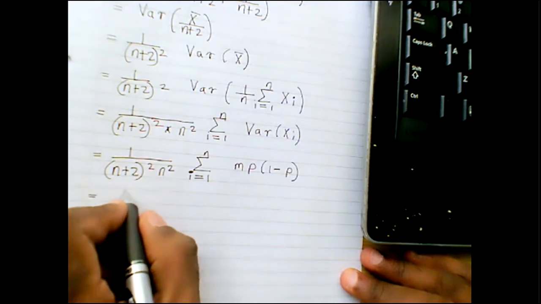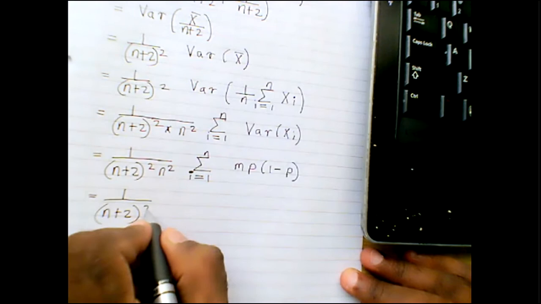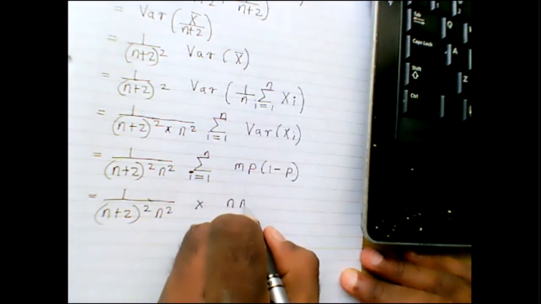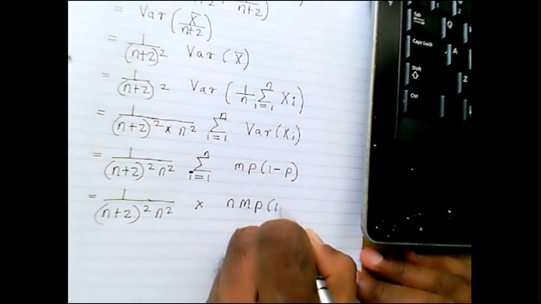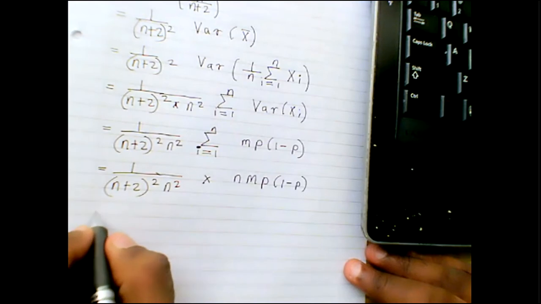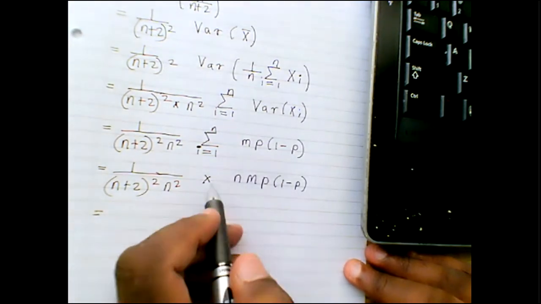So this becomes... remember, the sum of a constant is n times the constant, right?